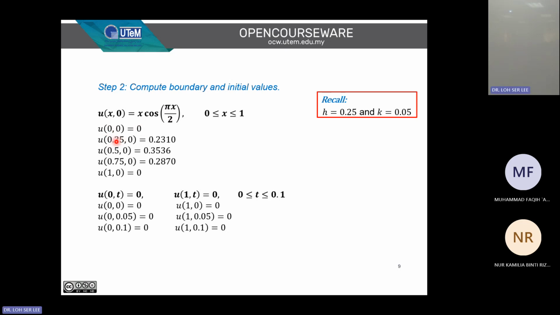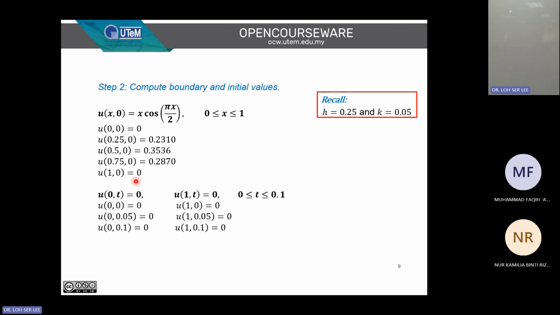When X is 0.25, this one is 0.25, this one also 0.25. So you use your calculator to compute this. Since your X value is an angle, we use radians. On your calculator, you use radian mode because there is no degree symbol for the angle. So you just substitute 0.25 into this X and this X, and you get this. The same goes for the rest.